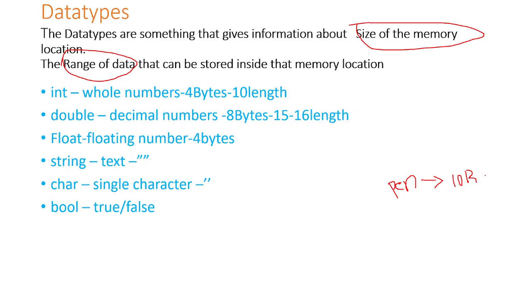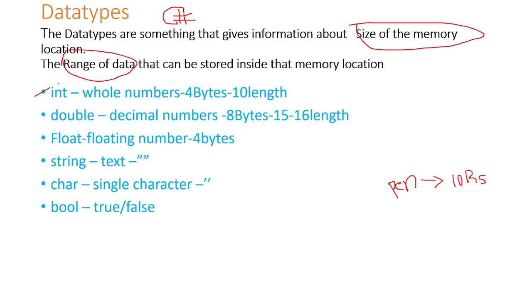Once it has 10 rupees, which data type do I need to use to allocate the memory? There are many data types in languages, and not only in C Sharp; many languages have similar data types.